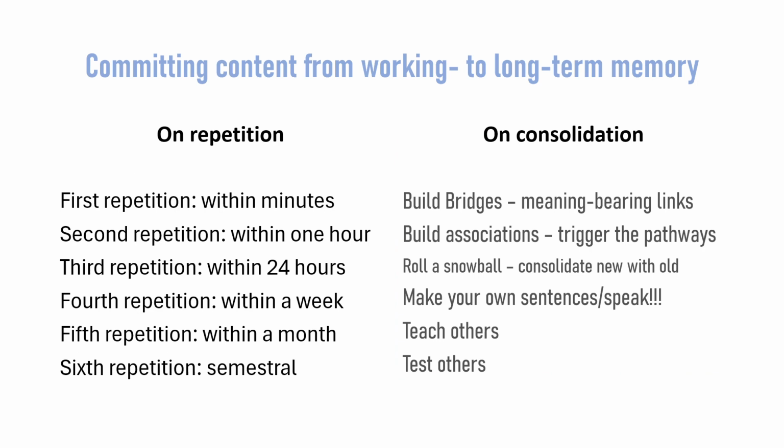Okay, then. So how do you commit content from working memory to long-term memory? Well, it stands on two pillars. One is repetition and one is consolidation. The thing on repetition doesn't talk about the properties of the content, only about the way you are repeating things.